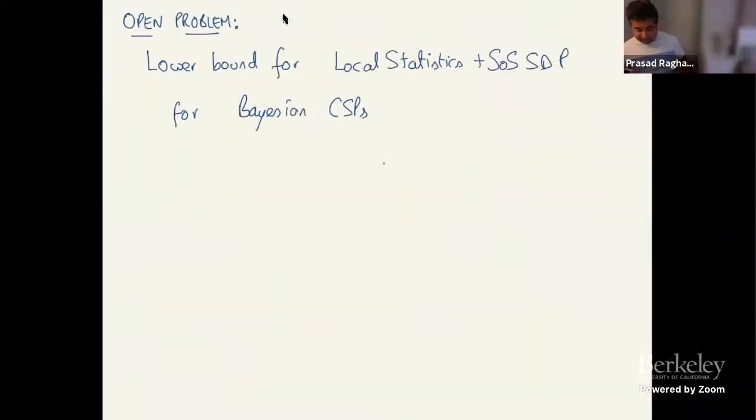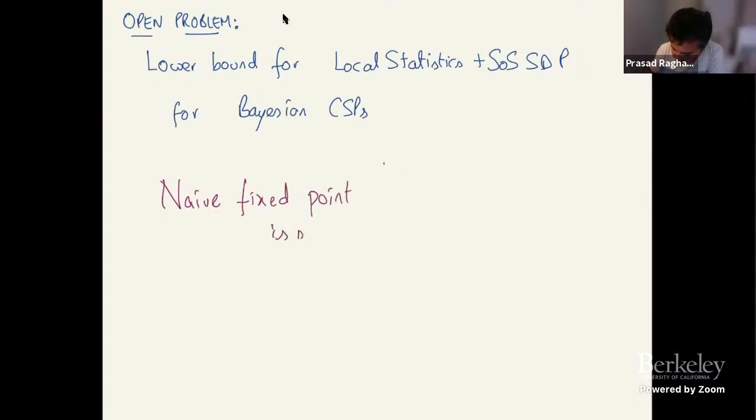Okay, and one of my favorite questions is to prove a lower bound for local statistics plus SOS SDP, like the local statistics SDP that I mentioned yesterday, with the SOS SDP for Bayesian CSPs. In particular, yesterday we saw this transition where the problem is supposed to go from easy to hard, meaning whenever the naive fixed point is stable, we believe that the problem becomes hard.